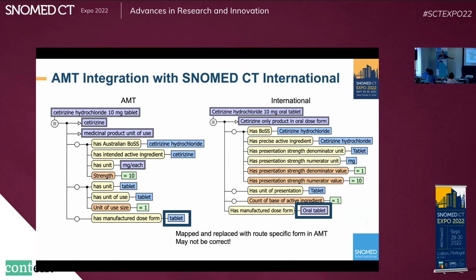So here's just some examples. I'm sort of conscious of time, so I'll show you the sorts of things that are problematic. In this example here, you can see that the denominator unit for this essentially paracetamol, acetaminophen, product is capsule on this side.